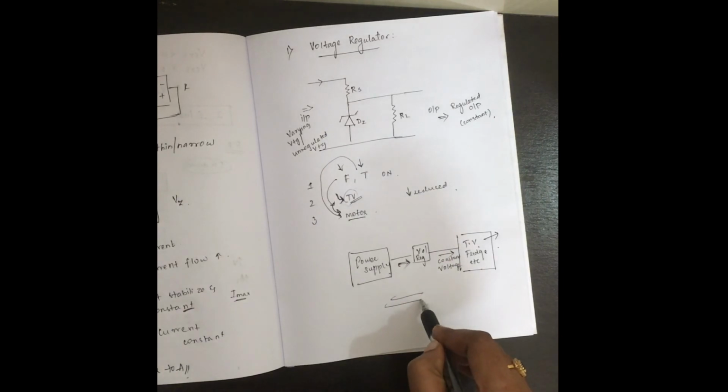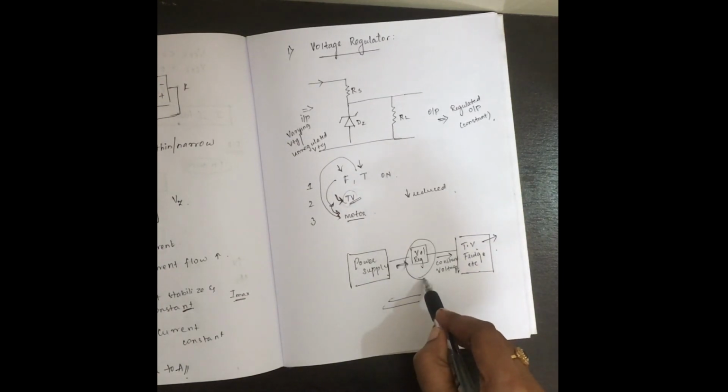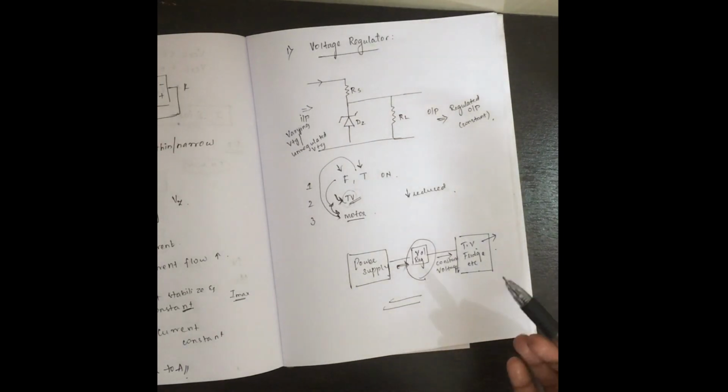In order to avoid the effect of varying voltage on high voltage devices, we use the voltage regulator, which gives a constant voltage and in turn constant current.